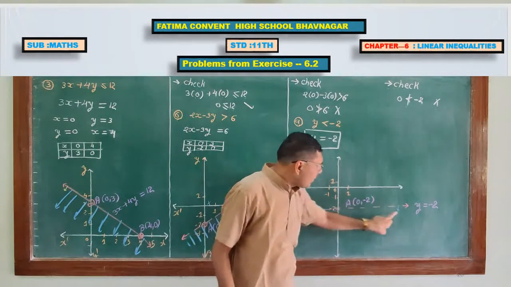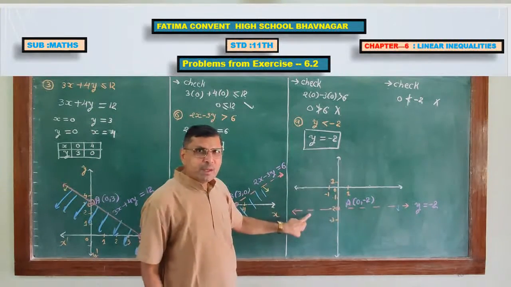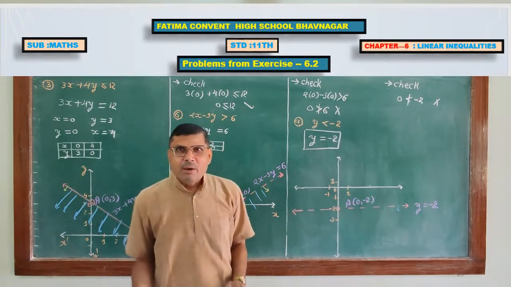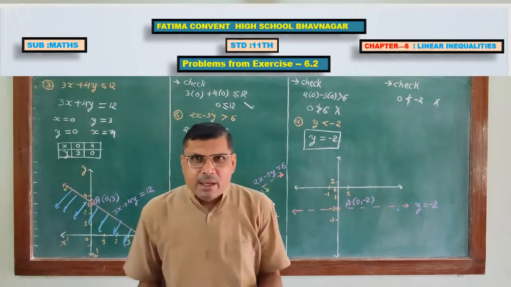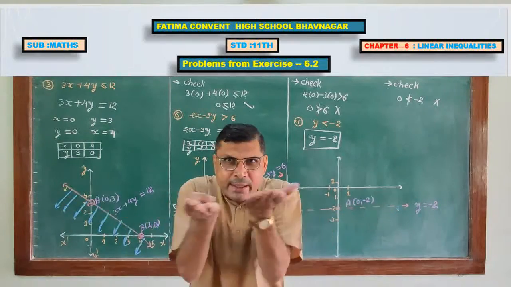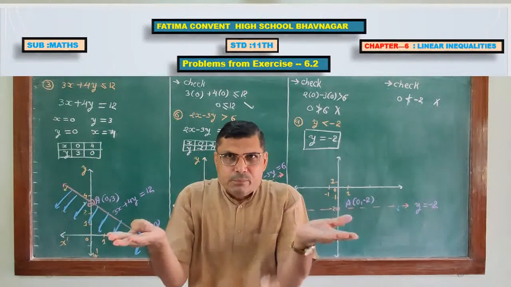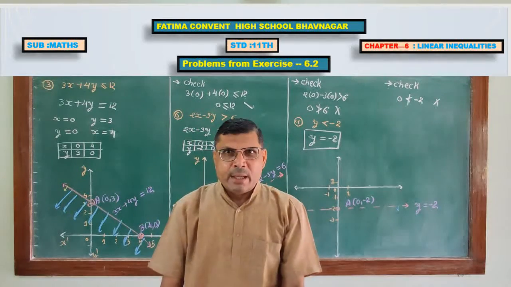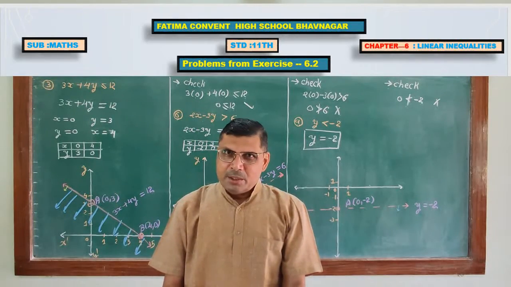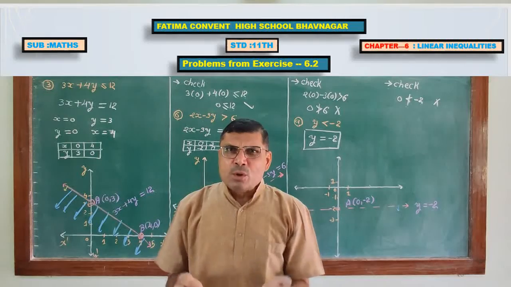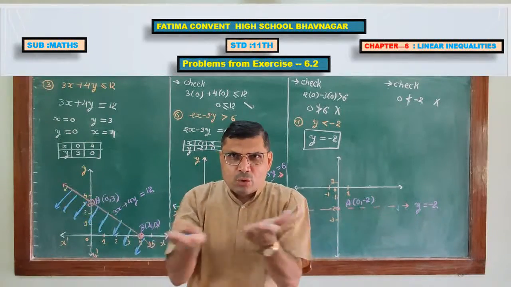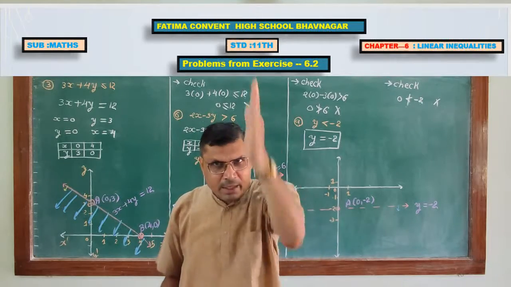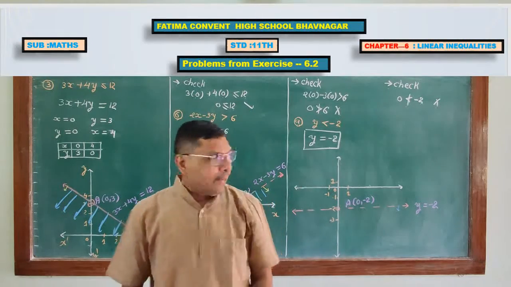Remember, when I say y equal to something, it is always a horizontal line. When I say x equal to something, it is always a vertical line.